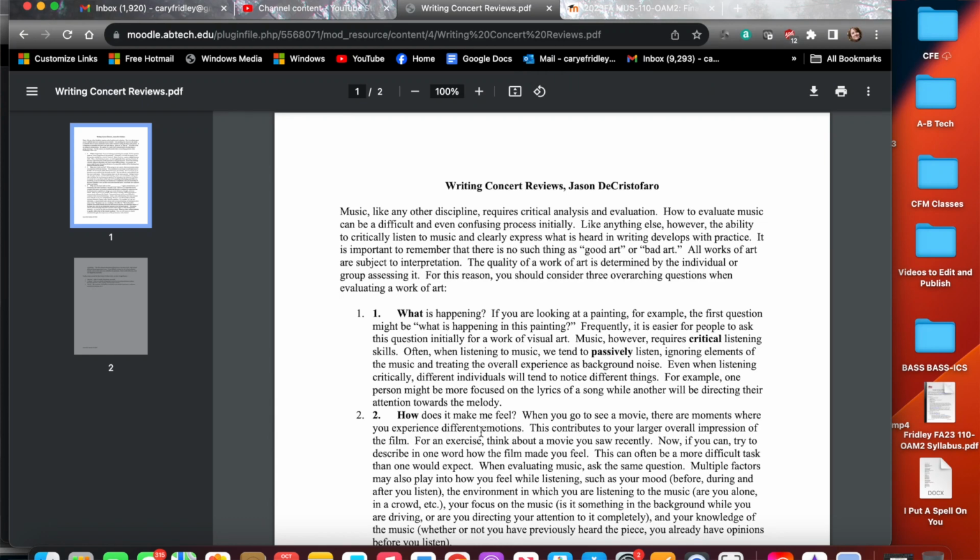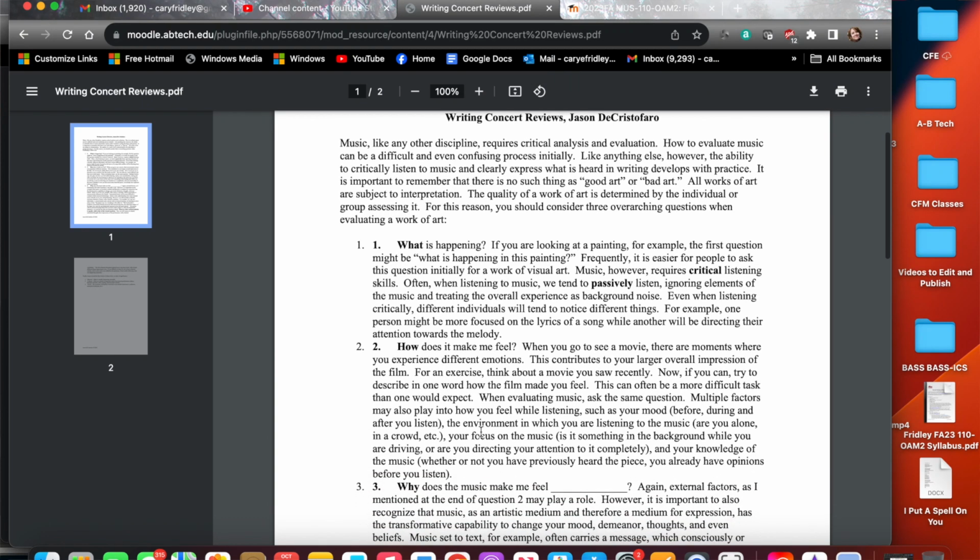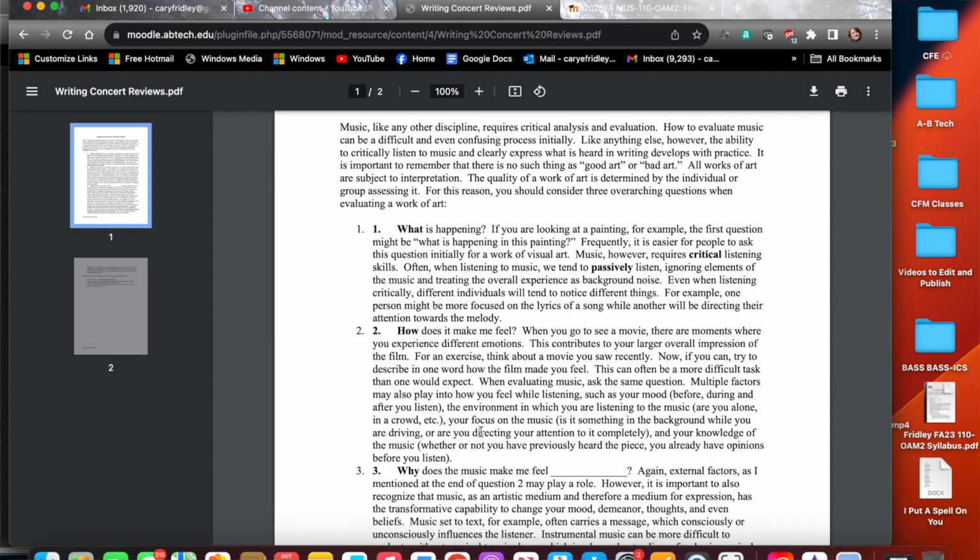It says, music, like any other discipline, requires critical analysis and evaluation. How to evaluate music can be a difficult and even confusing process initially. Like anything else, however, the ability to critically listen to music and clearly express what is heard in writing develops with practice.